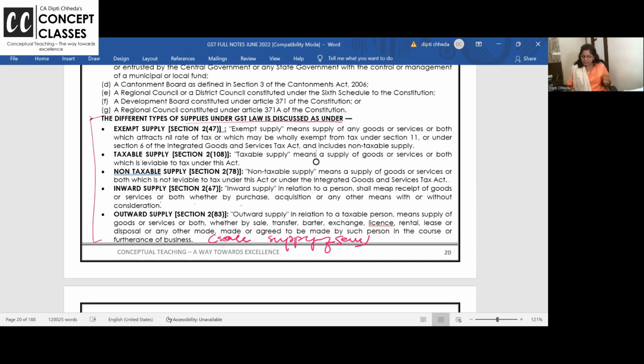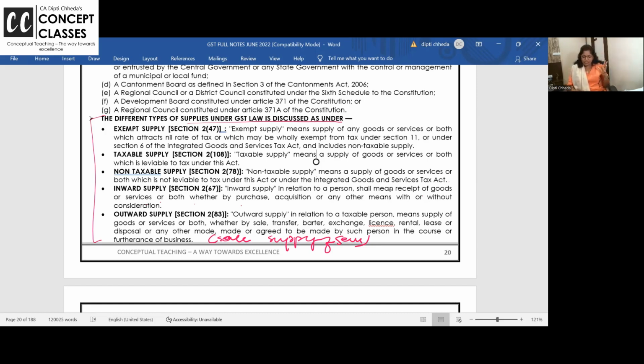Outward supply in relation to a taxable person means supply of goods or services or both, whether by sale, transfer, barter, exchange, license. Now we will read each of these in detail. So anyhow, if you are selling, or doing a transfer, or it's a barter or an exchange, or you've just given them a license to use your patent, still GST is going to be charged.